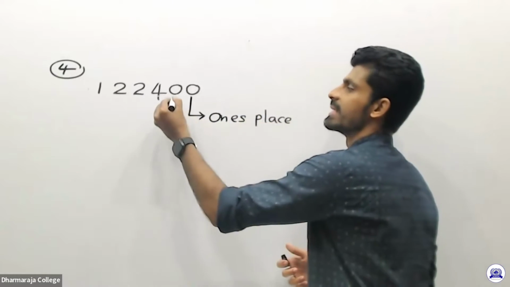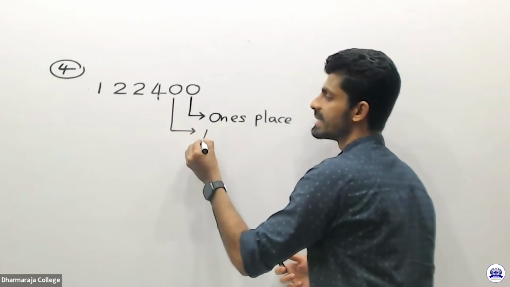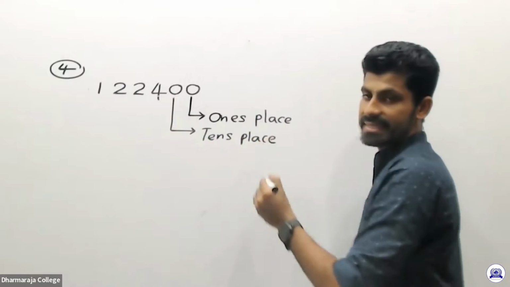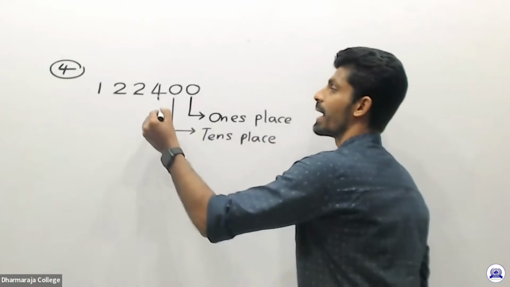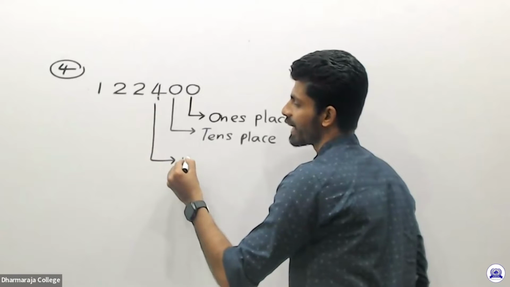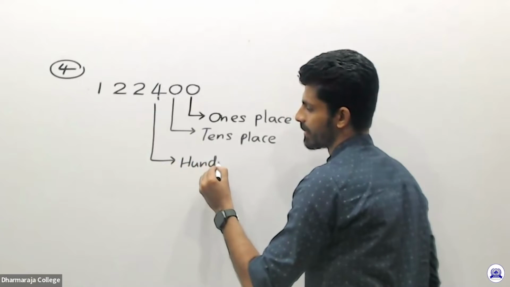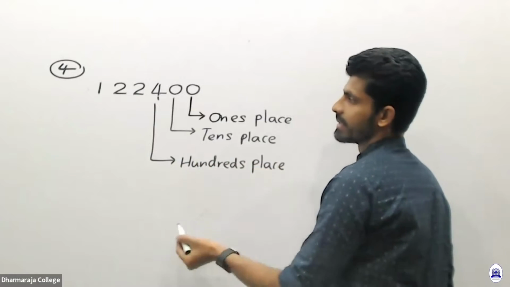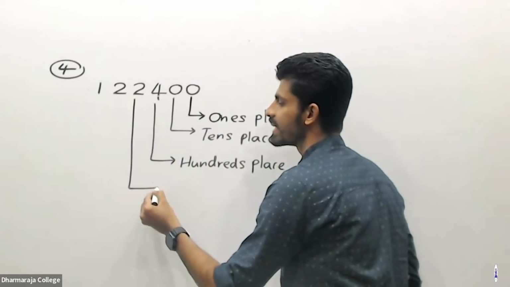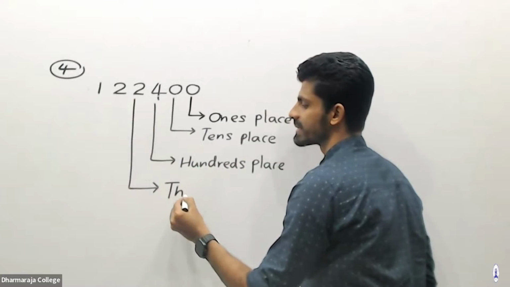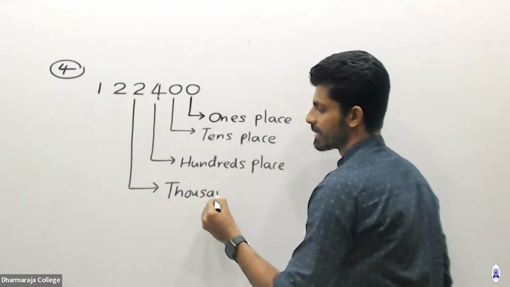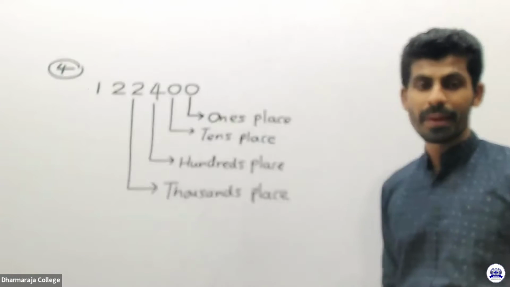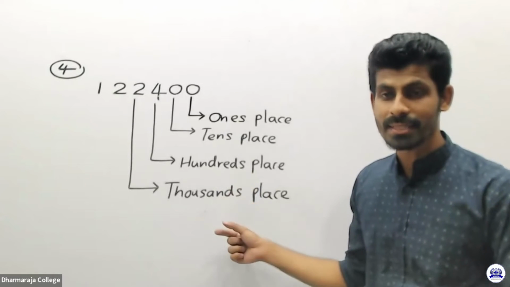This one, tens place. This one, hundreds place. Thousands place.